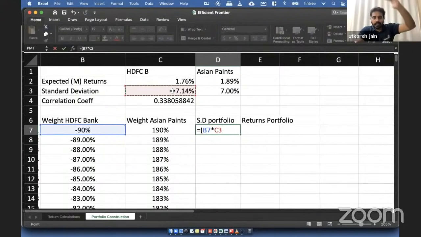Now I'm going to copy paste this formula downwards. And the problem is that if I just keep the formula like this, then Excel will understand that I have to go 2 cells on the left, so that's weight, and a column on the left and 4 cells above to get that 7.14, right? But obviously, if I copy paste it downwards, it will change that 7.14.